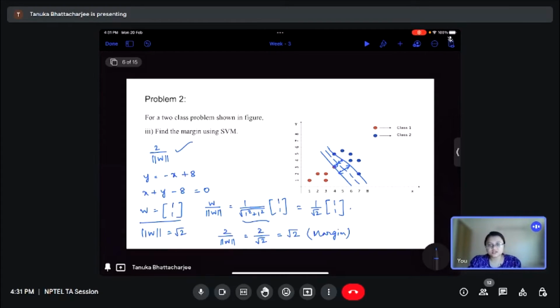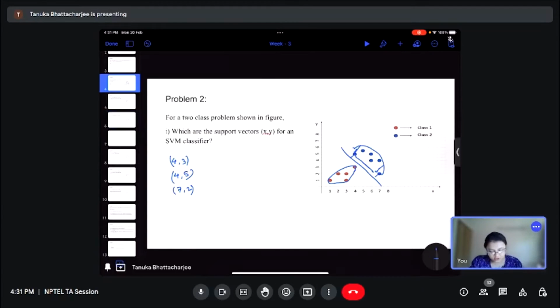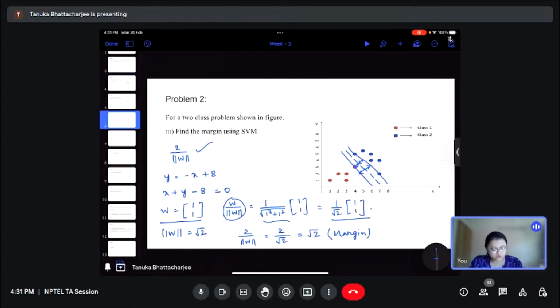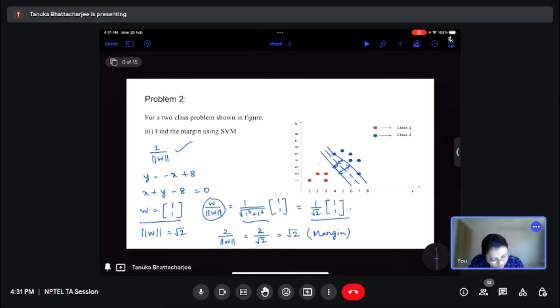If you just take that formula as given and put the value of norm of w into that, here w is 1 1, you get the margin as root 2. Also you can compute it the way I derived. So you have w by norm of w is this. Now if you take 2 support vectors, let's say 4 3 and 4 5 from the 2 classes. So this is our 4 3 and this is our 4 5.